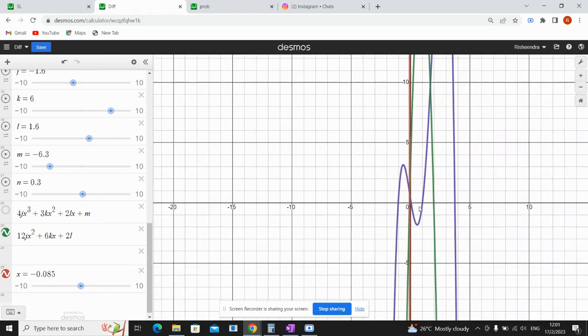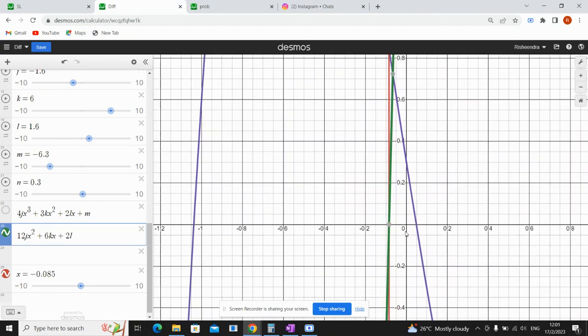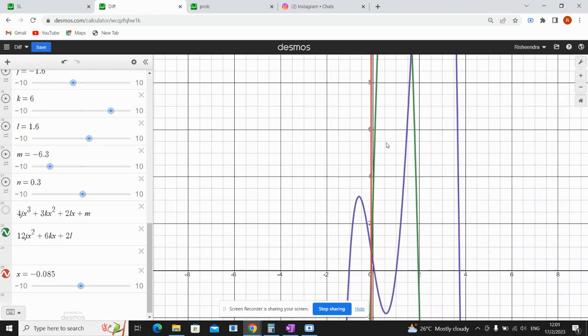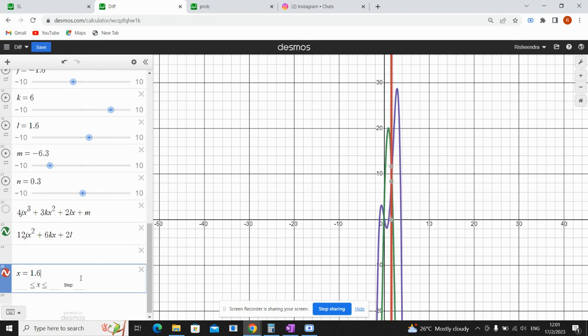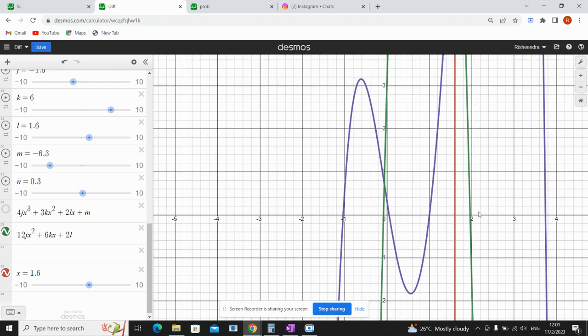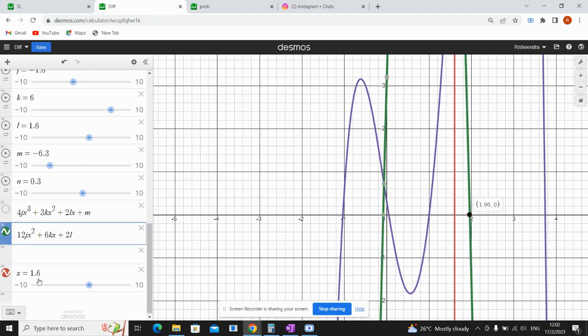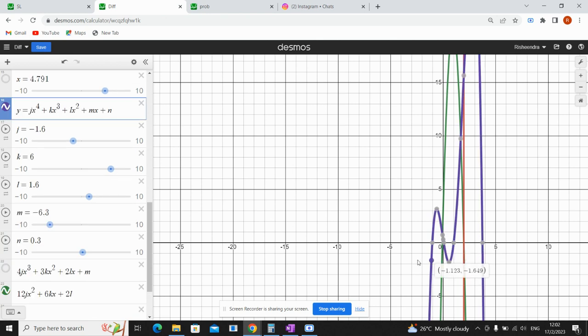Then where the green line hits zero the second time, after here it is in the positive direction, which means up to this point, x is equal to 1.96, the green line stays in the positive region, which means it has a minimum value.